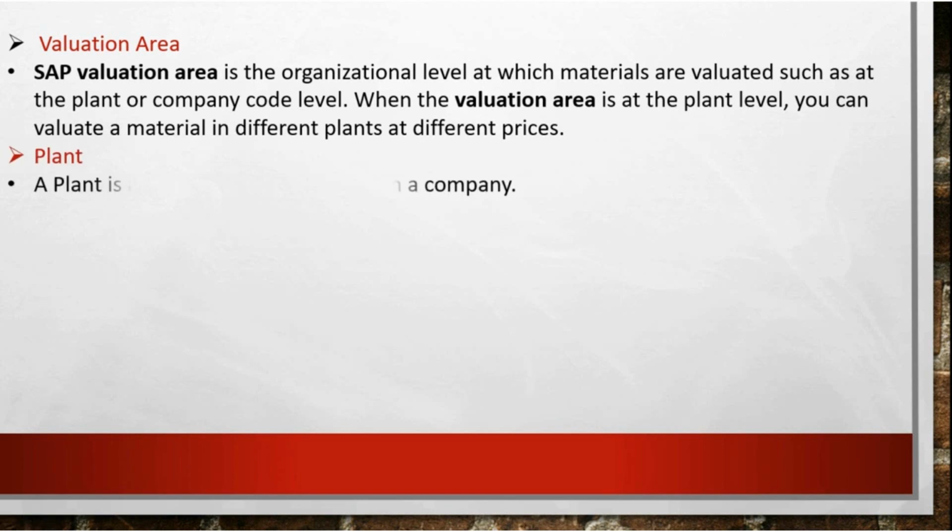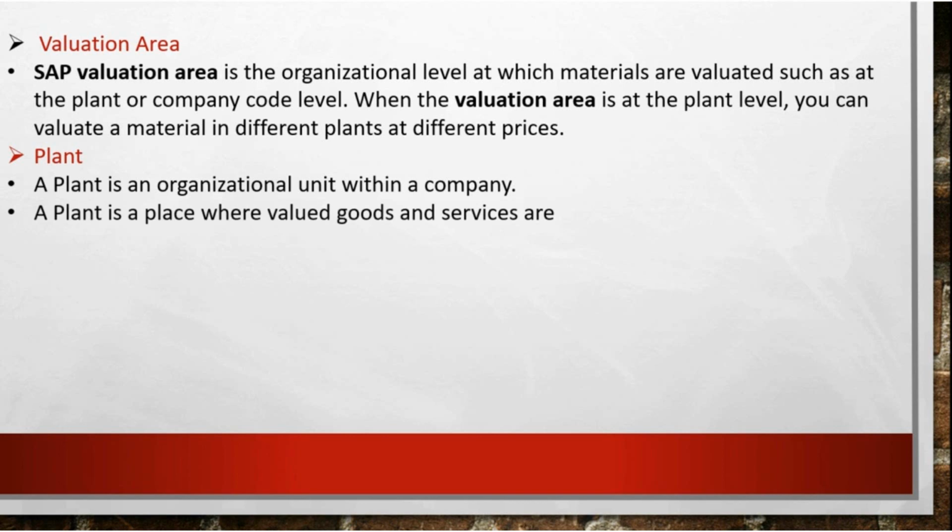Now what is a plant? A plant is an organizational unit within a company. You can take sales organization and purchase organization, those are also organizational units within a company code. A plant is a place where valued goods and services are produced, stored, consumed, distributed. Most people think that where the production is carried out, that unit is considered a plant.